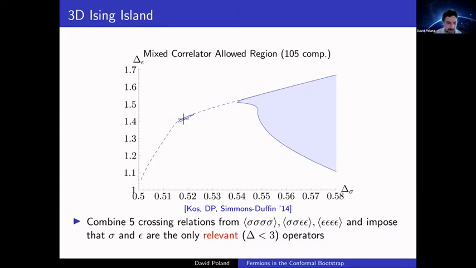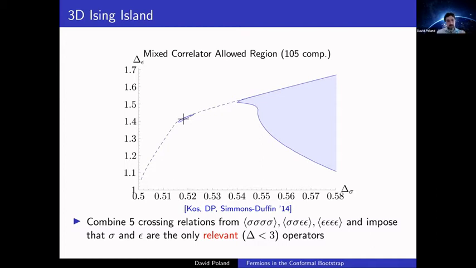And if you impose that sigma and epsilon are the only relevant operators in the theory, namely the only scalar operators that have a scaling dimension smaller than 3, then you actually get some closed allowed region right around the Ising model dimensions shown with this plus. And you can basically isolate the solution corresponding to the Ising model.